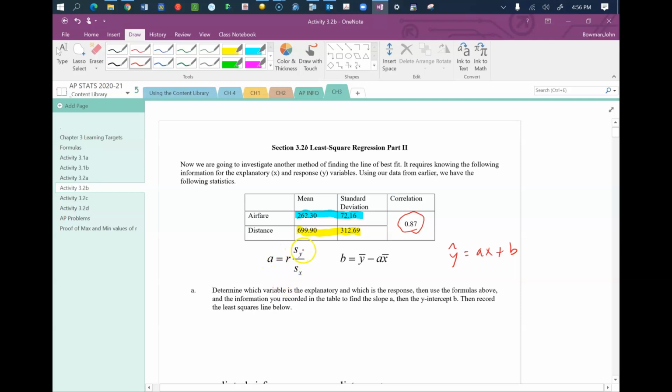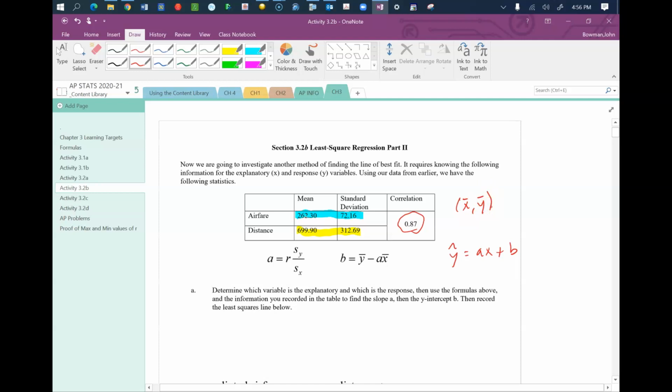Take the standard deviation of the response variables divided by the standard deviation of the explanatory variables and multiply by the correlation coefficient. Once we know the slope, we can plug in this not very well known but very important fact that every least squares regression line goes through the point x bar, y bar.